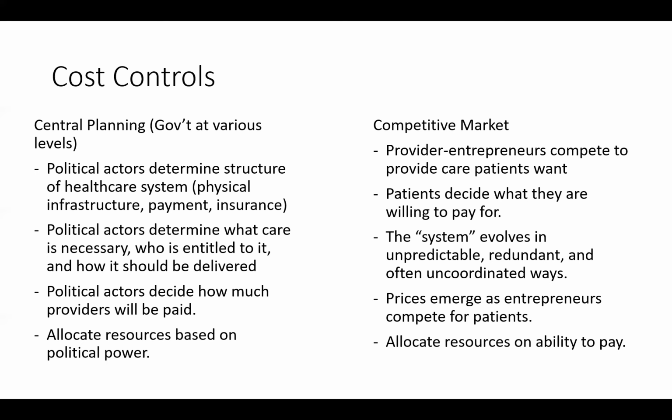The entrepreneurs will come up with all kinds of different ways of meeting customers' needs, because that's how they make money, right? So under a competitive market system, providers look for profit opportunities. They look for places where there are shortages of care, for example, and then they move there.